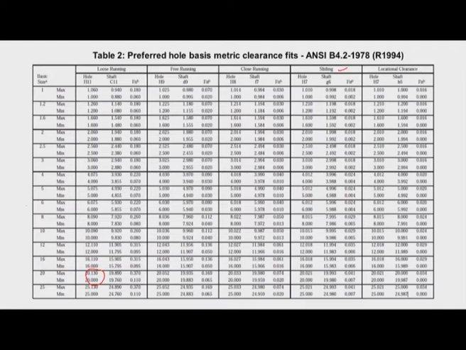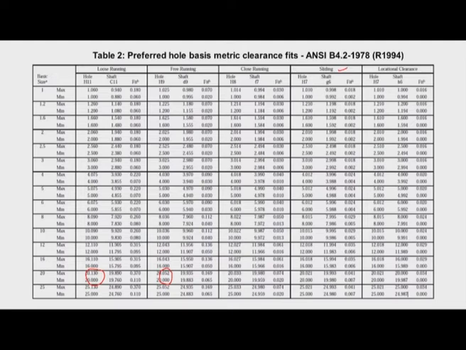And one more thing we can understand is, as the number is reducing, H11, H9, H8, H7, the amount of tolerance also reduces. For example, here for H11 with 20 basic size, the tolerance for the hole is 130 microns, whereas for the same basic size, if we select H9 hole, that is IT grade IT9, you can see the tolerance is reduced to 52 microns from 130 micrometers.